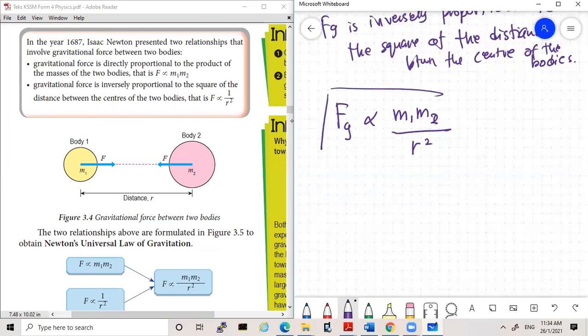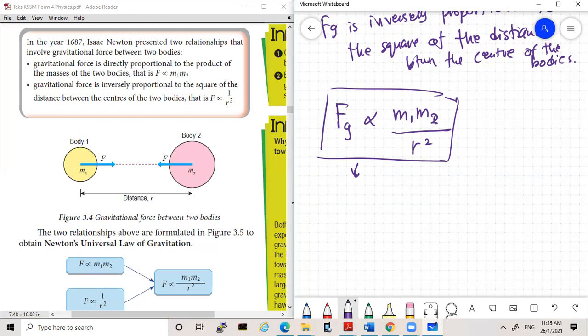This is the final proportionality which we later use for an equation for Newton's law of gravitation.